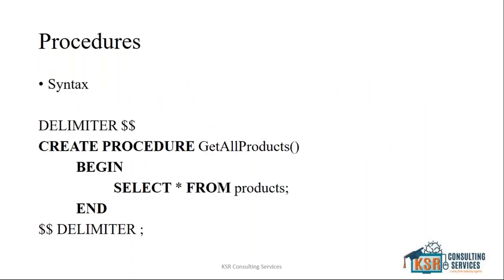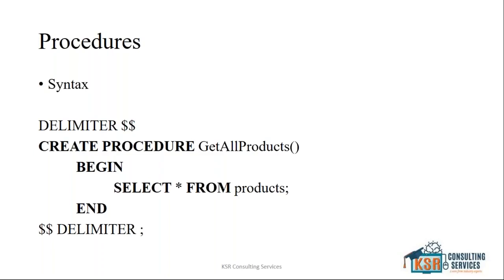As I told you, semicolon was the end of the code, but since I'm running a block of code, it is going to be a delimiter again. You know that there are different types of databases: one is MySQL, one is Oracle, one is Sybase, one is PostgreSQL.